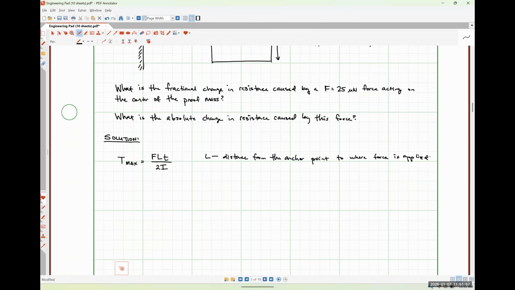F is the magnitude of the force, t is the thickness, 2 is just the number 2, and I is the moment of inertia, which was given by ab³ over 12, where b is the direction of bending.